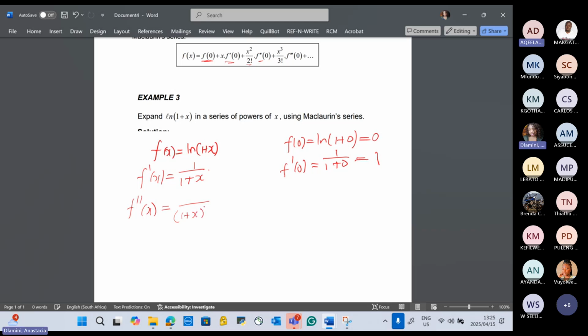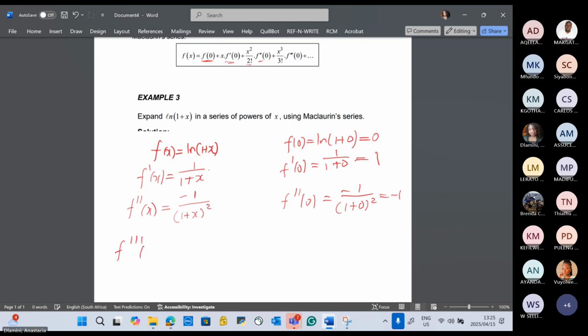Then it's 1 plus x at the top, times the 0. I'm not writing it because I want you to simplify it while you are doing it. That will be minus 1. So then f double prime of 0 is equal to minus 1 over 1 plus 0 squared, which is equal to minus 1.